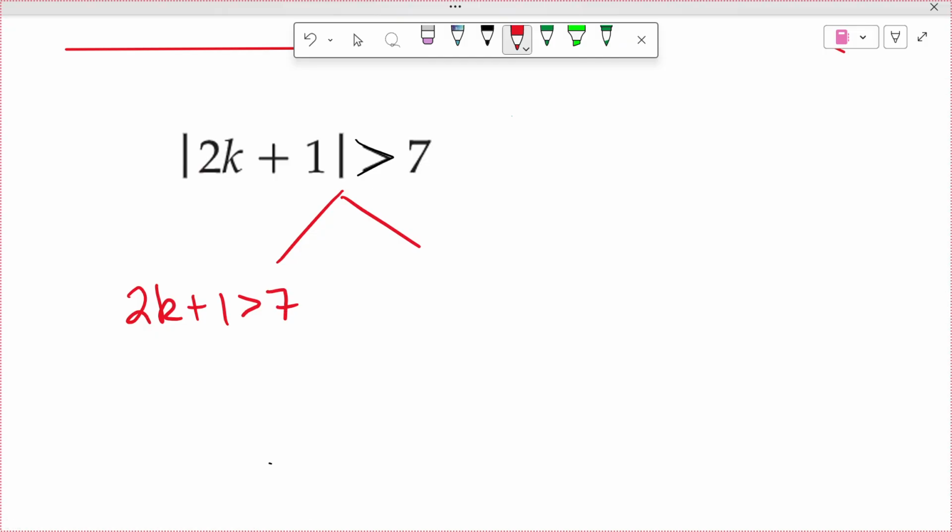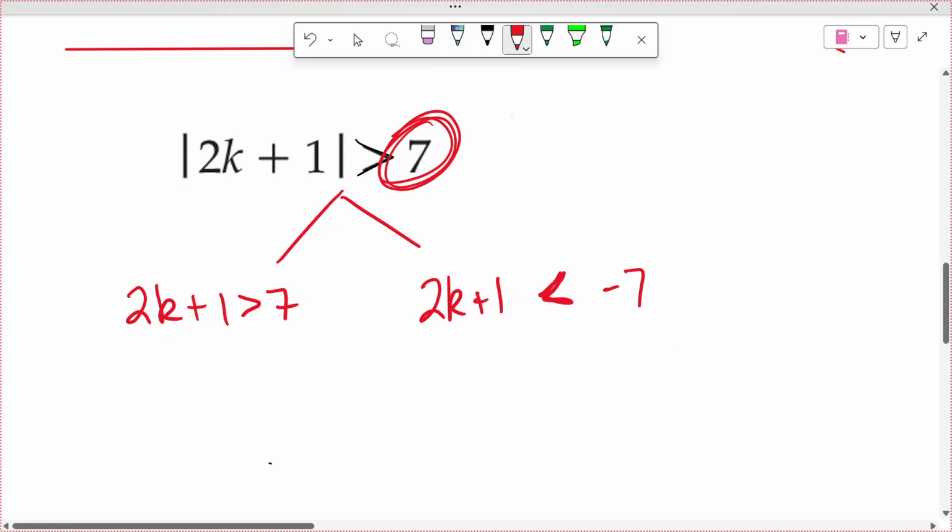In the other problem, I need to take into account what if the distance from 0, which needs to be 7, is in the other direction at -7. So I'm going to make this inequality with a -7 in it, but since I switched this to be a -7, now the inequality is not going to hold, so I need to flip the inequality to go the other way. Okay. From here, I'll solve pretty normal.